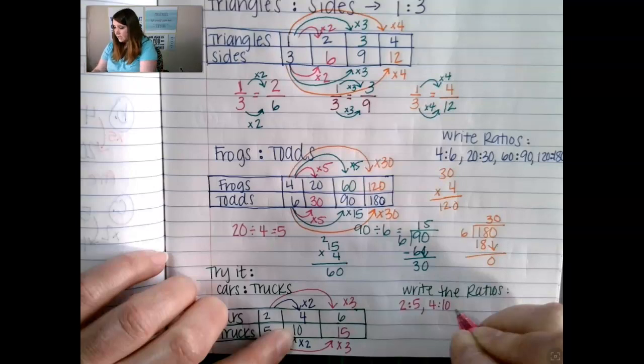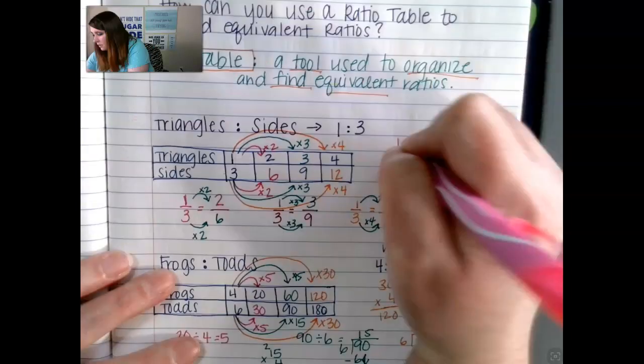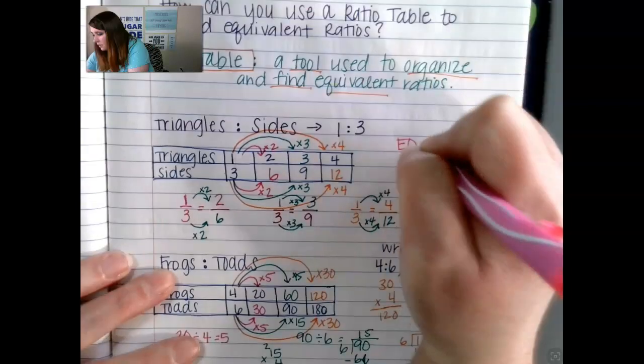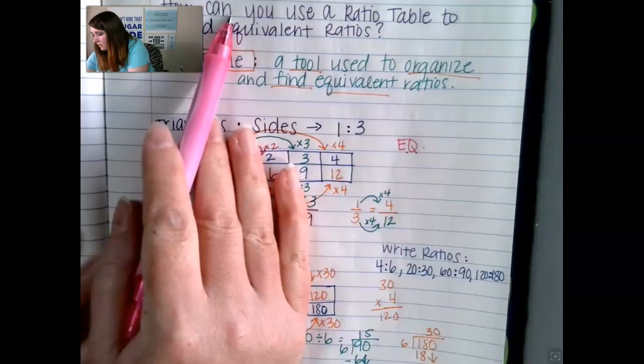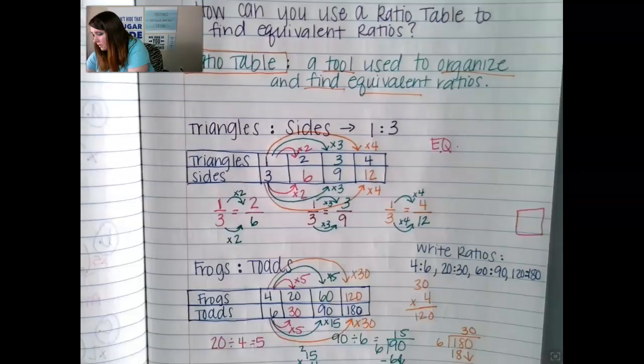All right, 6th graders, how did you do on your try-its? At the top or somewhere on your paper, I want you to answer your essential question. How can you use a ratio table to find equivalent ratios? And then in the box, I want you to tell me, what is your level of understanding right now? 1, I am still lost.